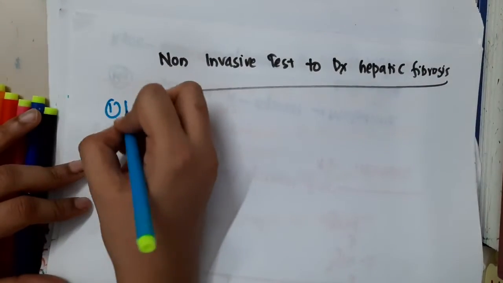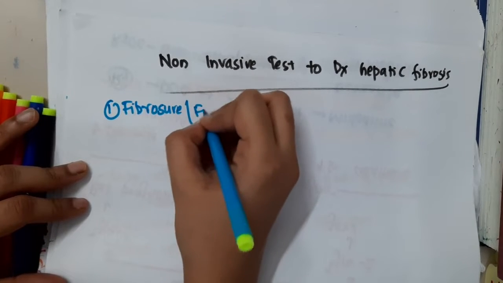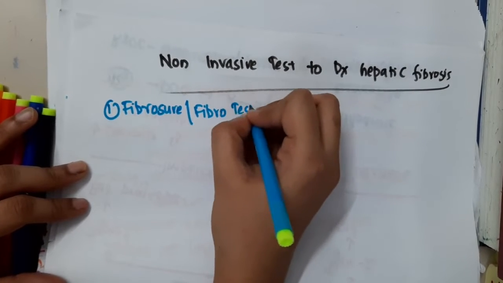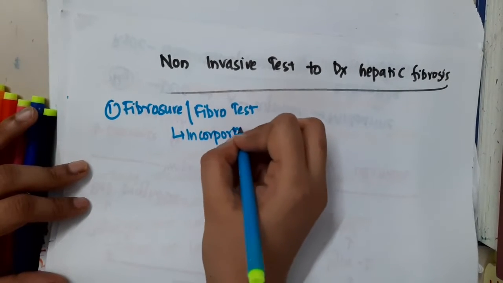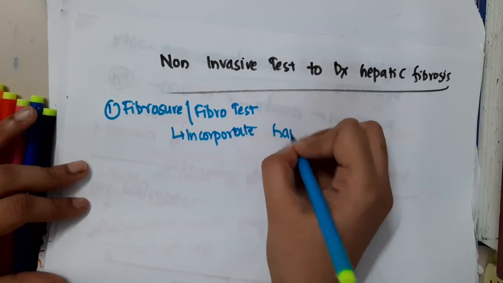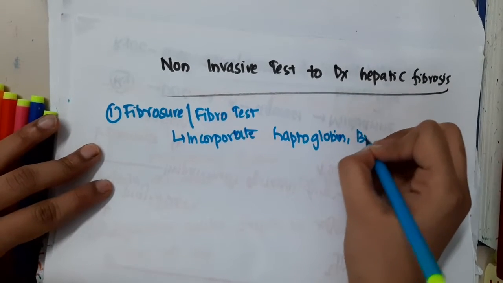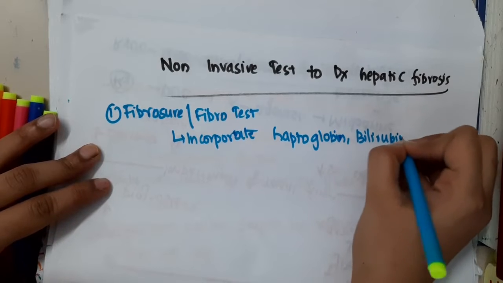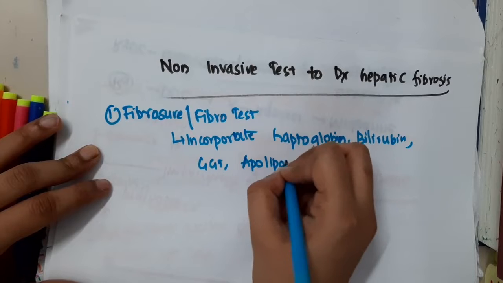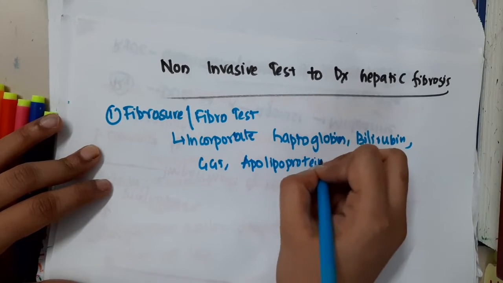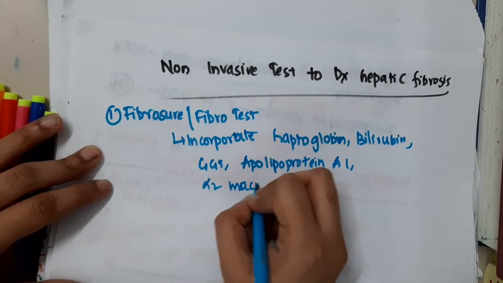First, we have FibroSure, or Fibro test. This will incorporate haptoglobin, bilirubin, GGT, apolipoprotein A1, and alpha 2 macroglobulin.